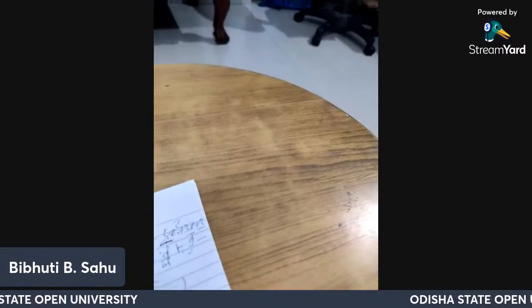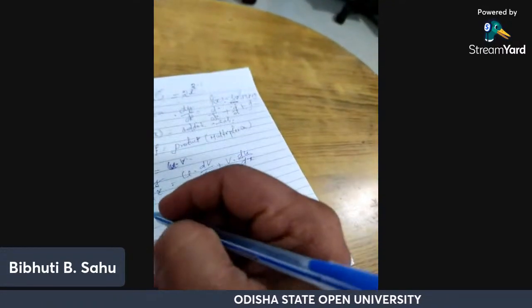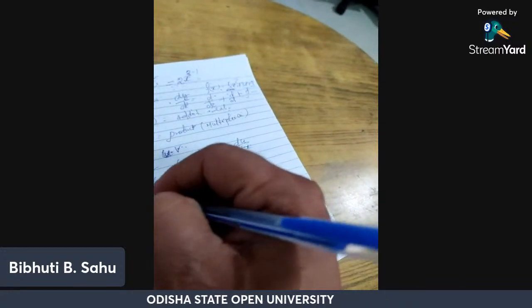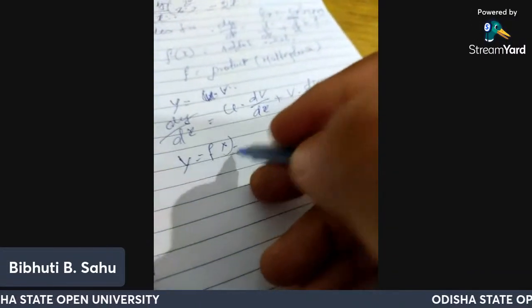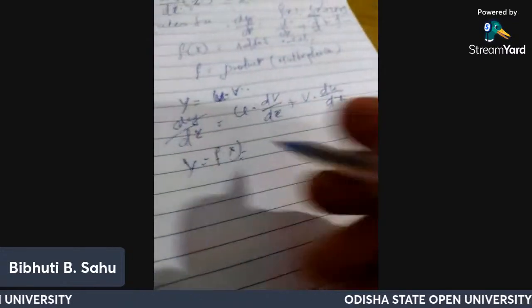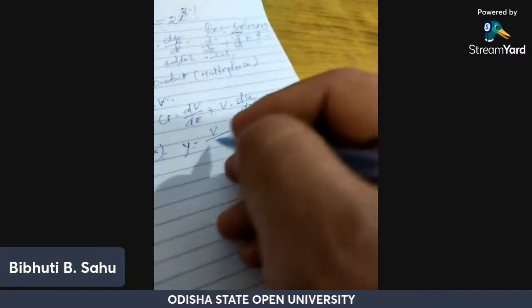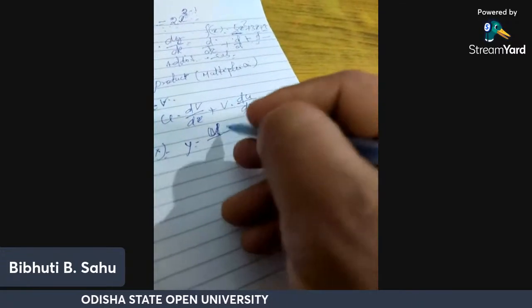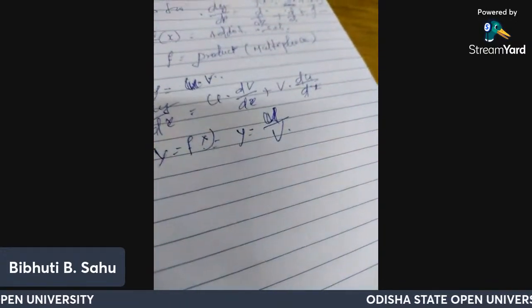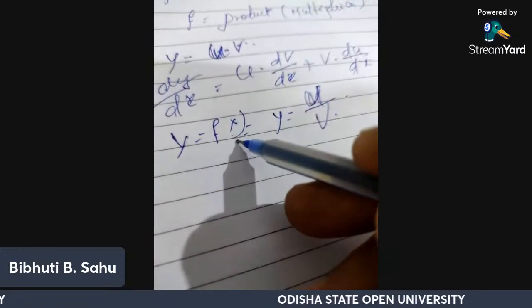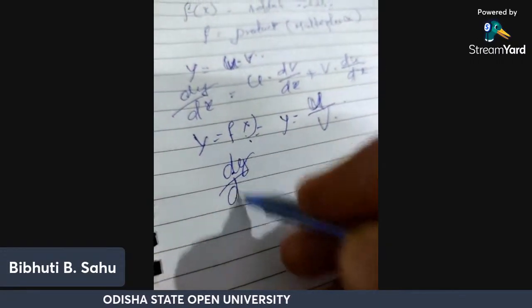Again, when y is a function of x which is a quotient, that means if y is a quotient u by v, then in that case we can find the derivative dy by dx.